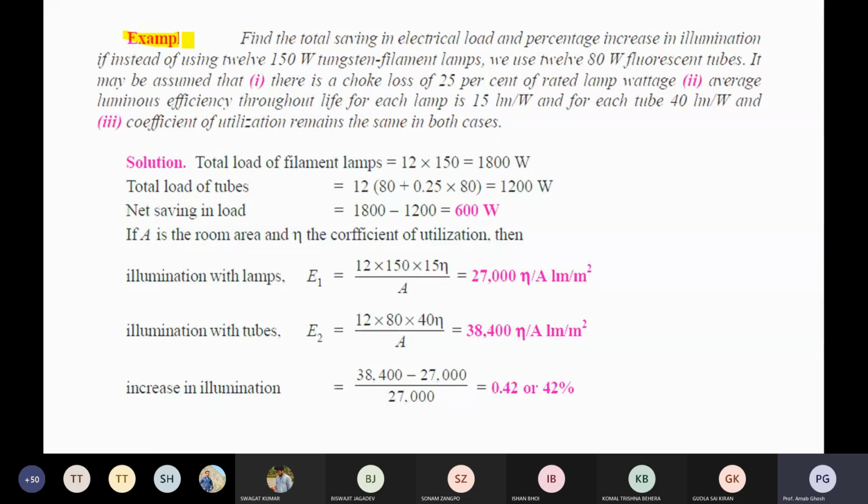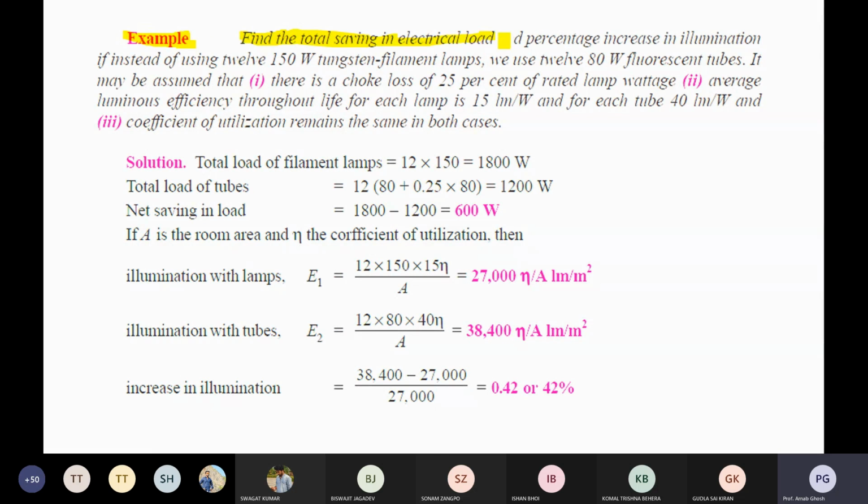So from the solution, the total load of the filament lamps is 12 into 150, that is 1800 watt. Then the total load of the tubes is 12 into 80 plus 0.25 into 80.